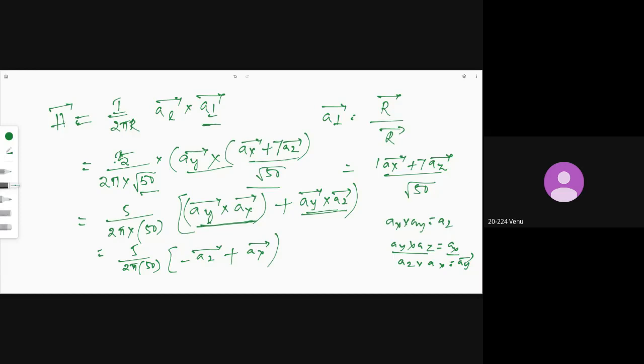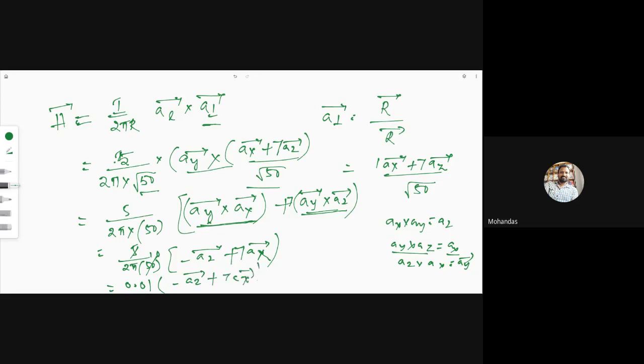So then the 7 into what it becomes here? 7 into AY cross AZ, 7 into AX. Now tell me what is 5 by 2 pi into 50? You can cancel out, 0.01. So it is 0.01 into minus AZ plus 7 AX.